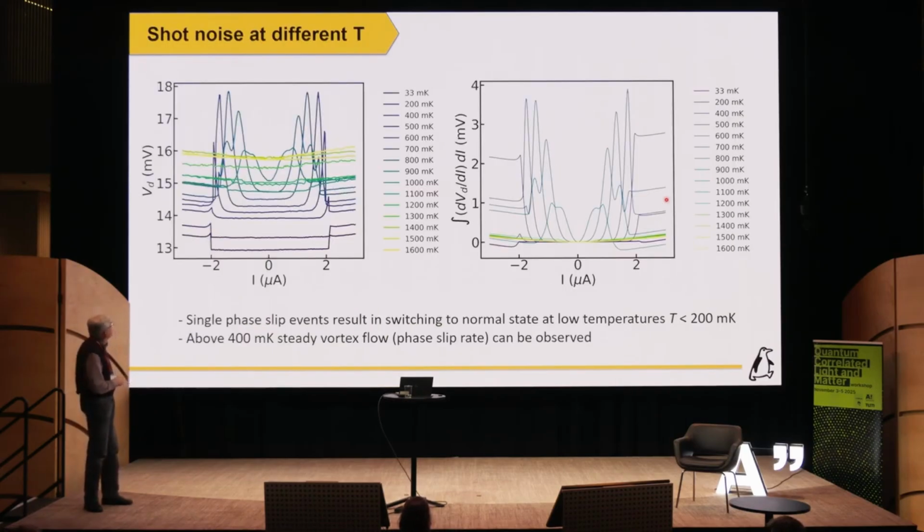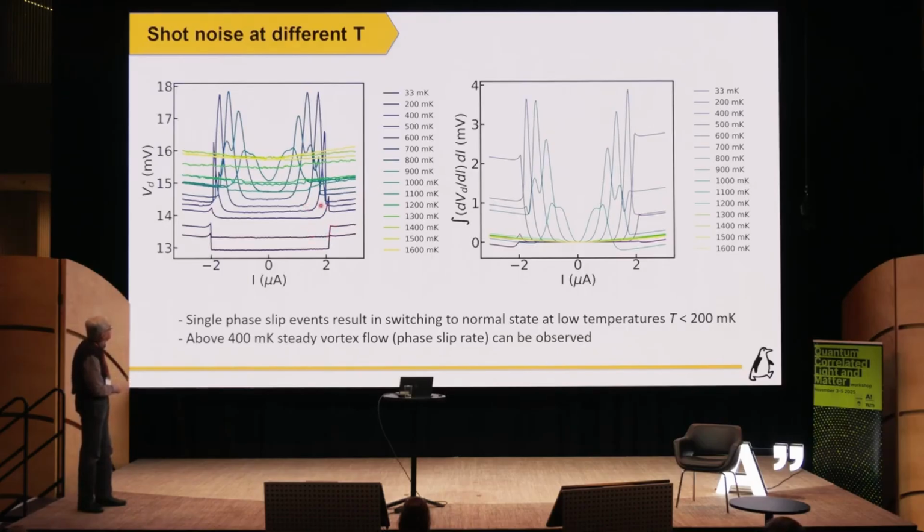We are measuring both the total noise and the integrated differential noise. The right one is the differential noise integrated, less noise, but basically the same results. And from here you can see that if you look at this, then you have just single phase slips here and it becomes normal.